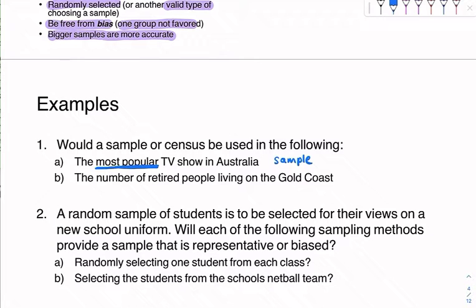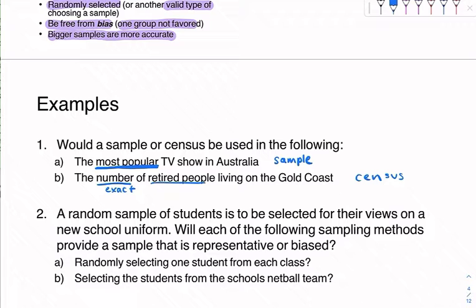Whereas for B, we're asked for the number of retired people living on the Gold Coast. So number tells me that I need something exact, which tells me I realistically would need to use a census to do that. And that's something that the Australian government probably did survey or may survey as part of a census, or they might have to do a special census in the Gold Coast to work that out.